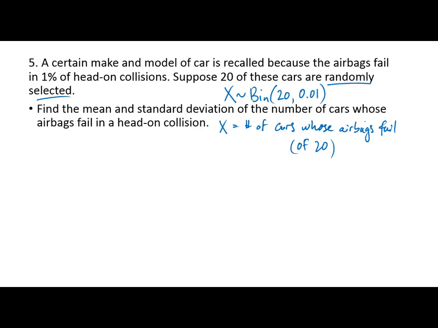Okay, so then what's the expected value of a binomial random variable? In general, what is it? Yeah, n times p, right? So this is equal to n times p, which here is 20 times 0.01, which gives me 0.2.